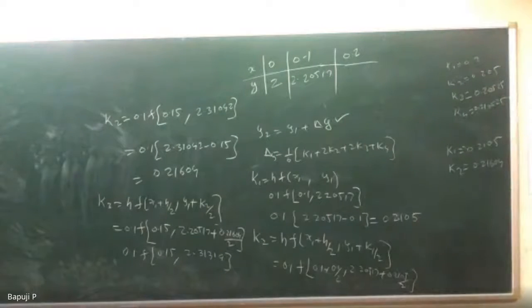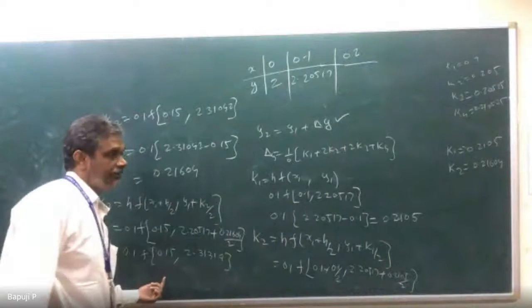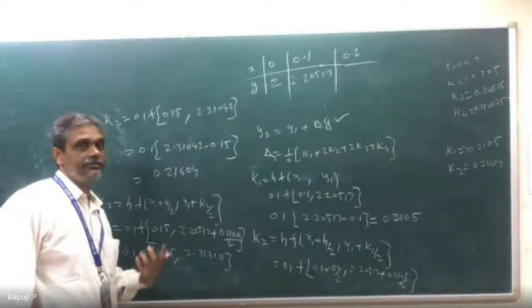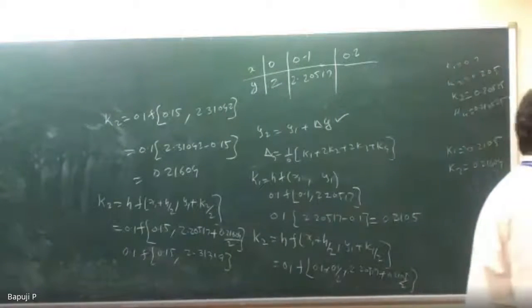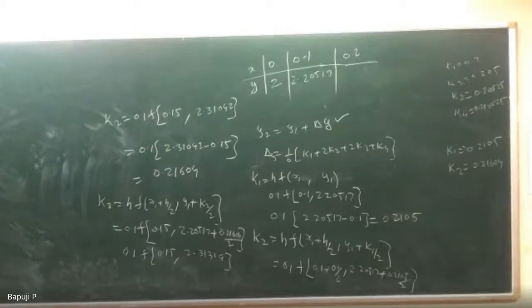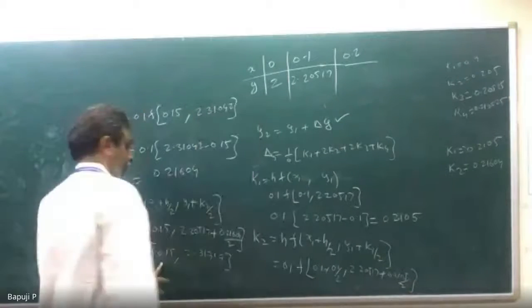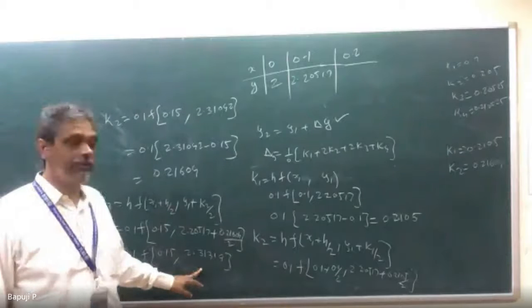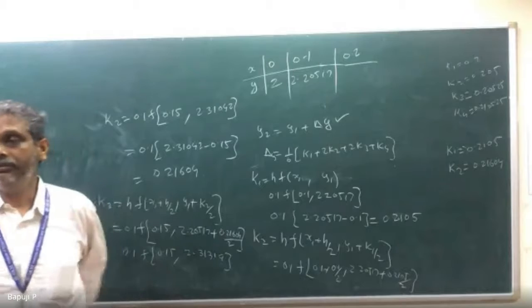Correct or not? So f of x y is different. Function is different. There may be some textbooks that will write y naught comma x naught, so I don't want to do that. So functional value at x comma y. What is my x value here? 0.15. What is my y value? 2.31319. Now function of x y is what?